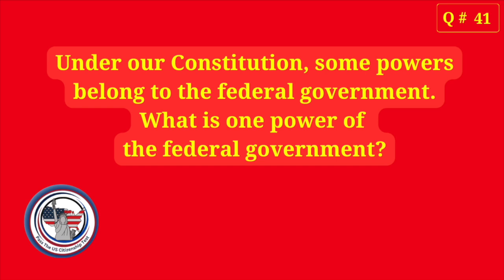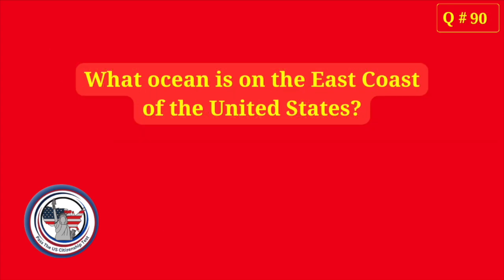What is one power of the federal government? To print money. What ocean is on the east coast of the United States? Atlantic Ocean.